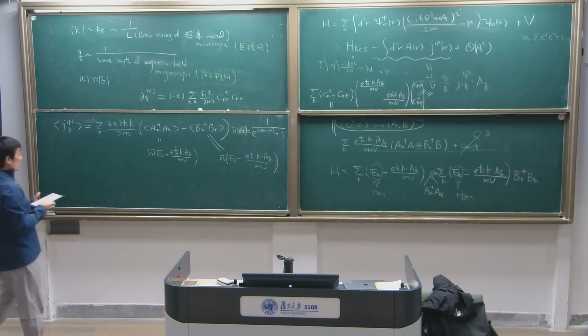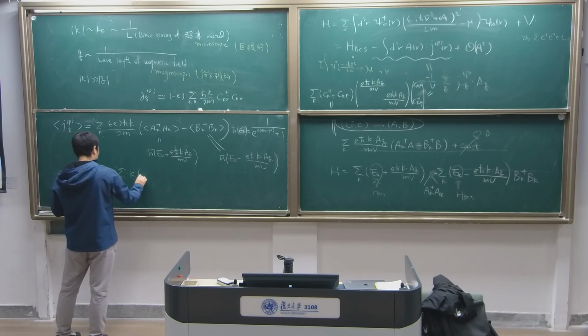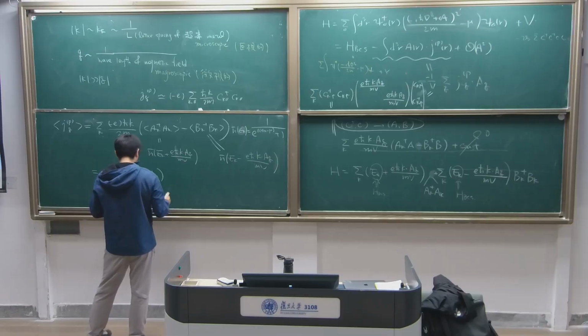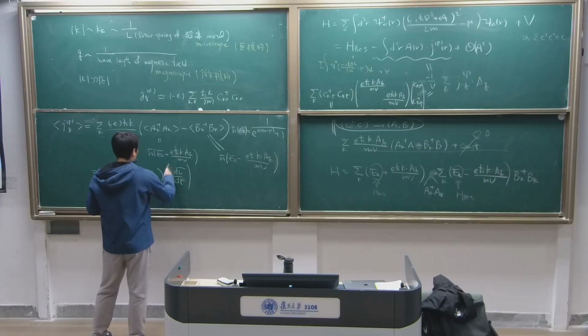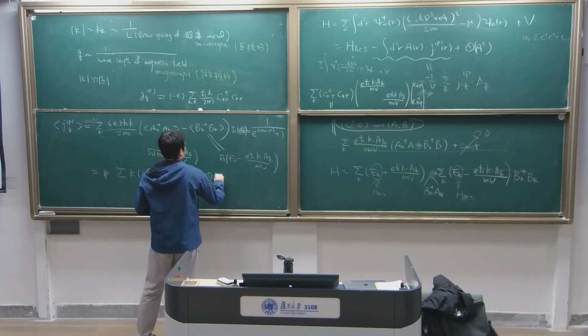And then looking at the leading order of this one, it is some constant. Cancel A, Q, and the minus B. And then plus everything. Okay.